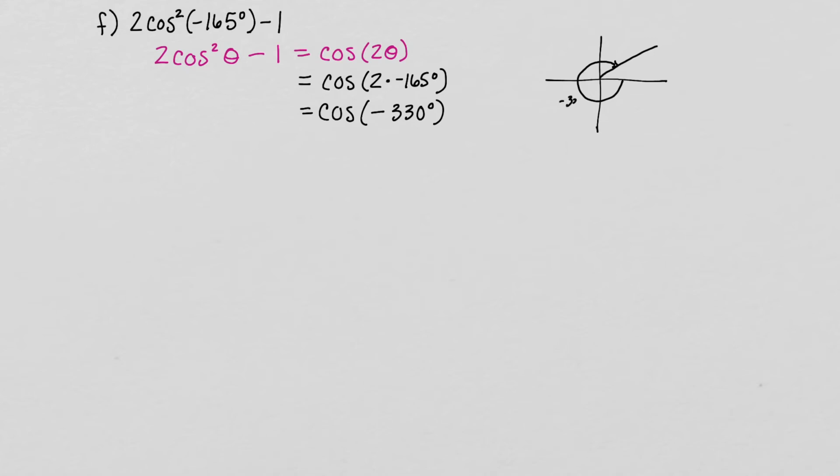So this is negative 330 degrees. Negative 330 degrees is going to be the same as 30 degrees, because you end up landing in the same spot. So the cosine of negative 330 degrees is going to be the same as the cosine of 30 degrees, which is going to be root 3 over 2, right?